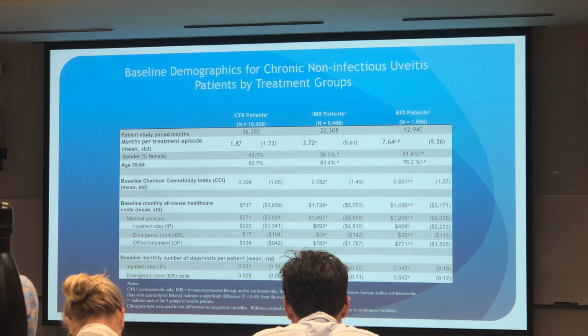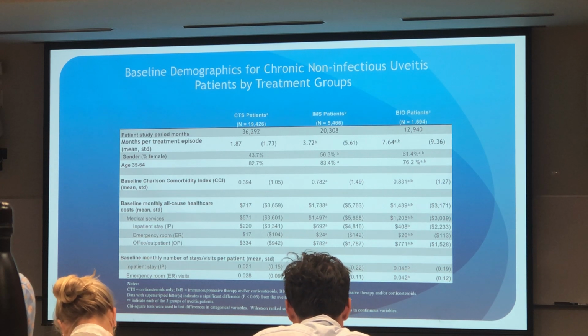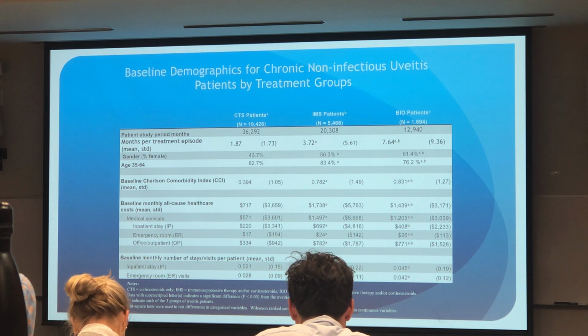And we followed their monthly cost, basically, of what the insurance company had paid out for their care. We looked at before their diagnosis of uveitis, and then after their diagnosis and after initiating the medication for that uveitis.